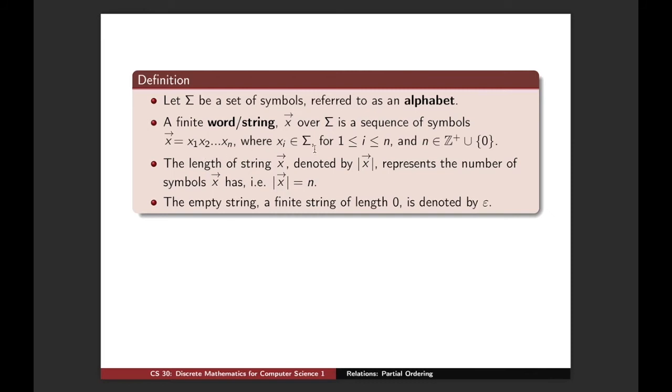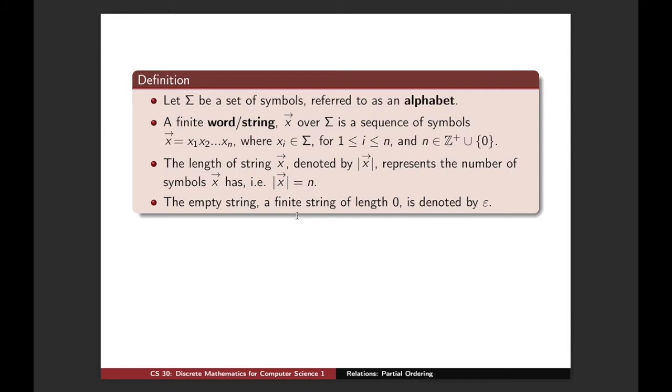The length of a string is denoted by this expression. It represents the number of symbols of that string. So note that the length can be a positive number, but it can also be 0.